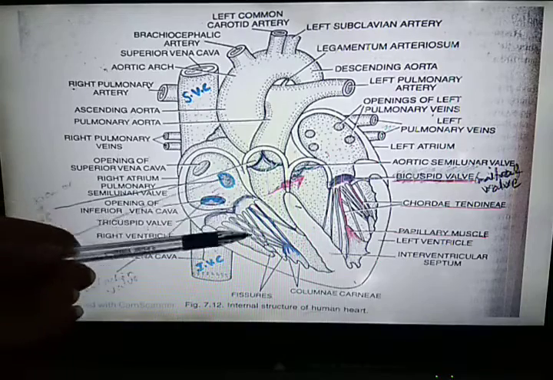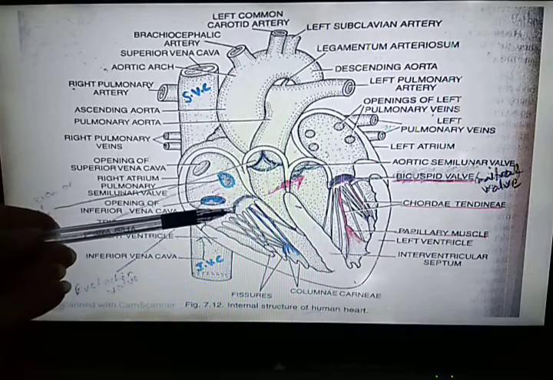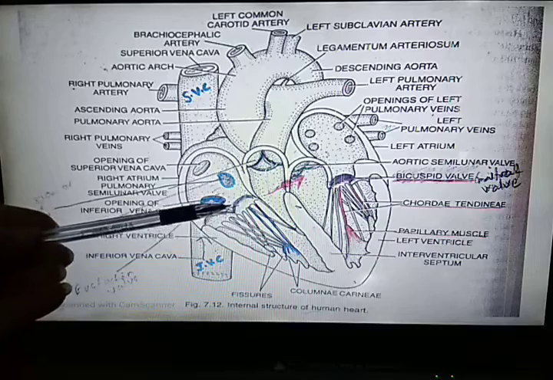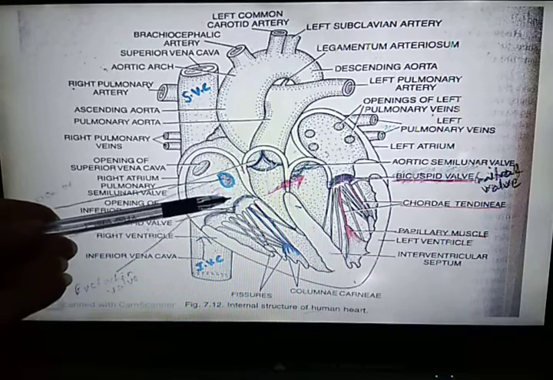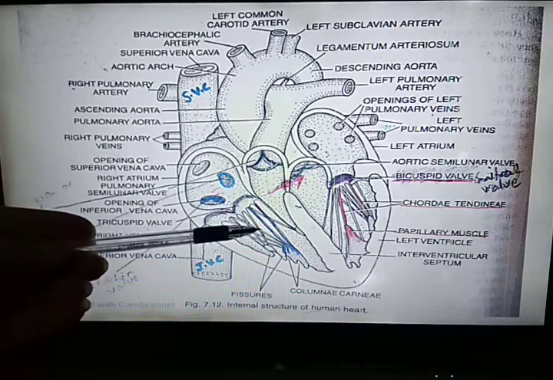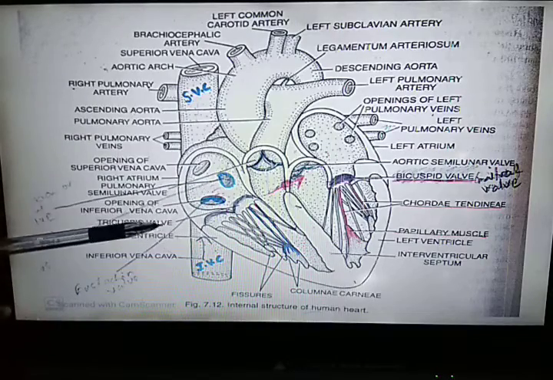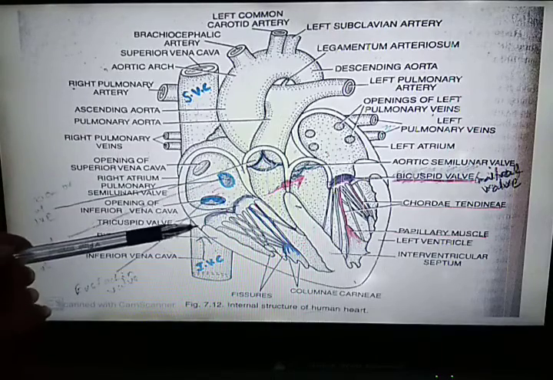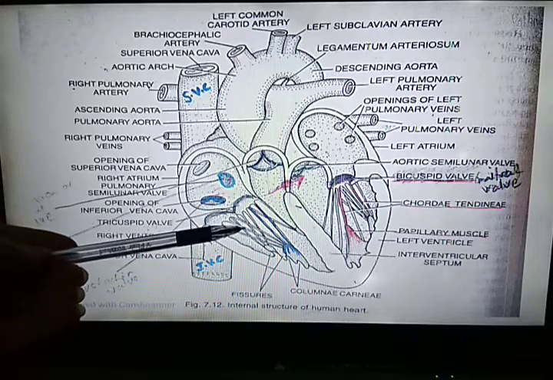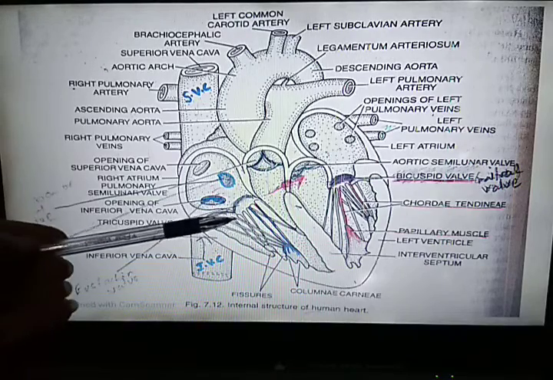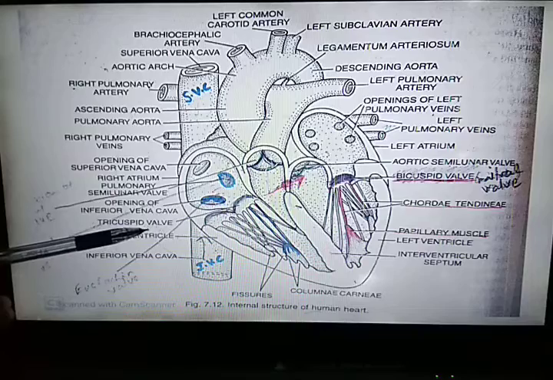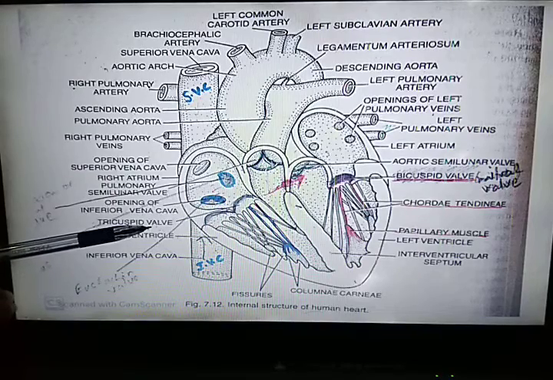They cannot open on both sides. It means these valves can open into the ventricle, but they cannot open towards the auricle. So between the right auricle and ventricle, a one-way valve is present, known as the tricuspid valve.